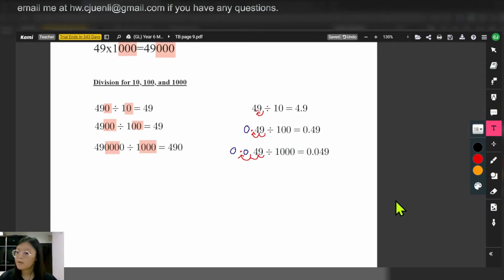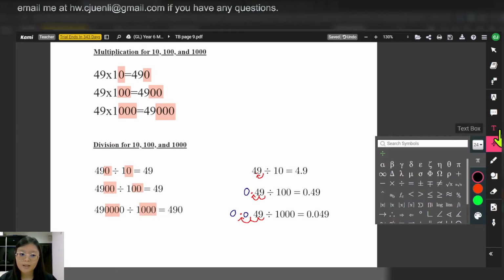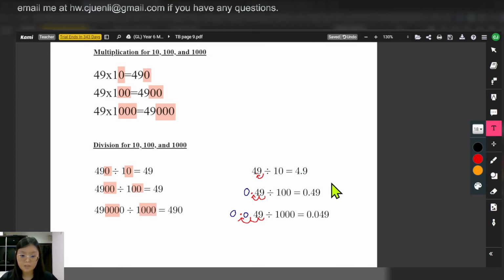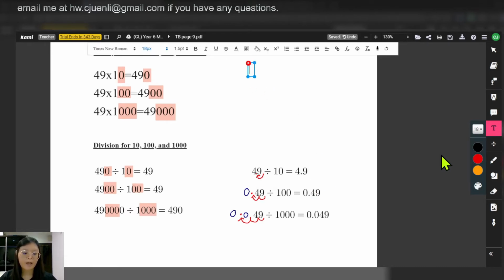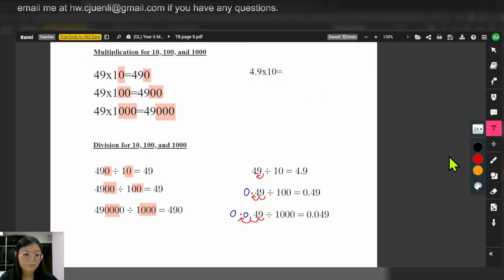All right. If you have doubts about decimals for multiplication, let me show you one example of how you can do it as well. Right? So let us take the decimals from just now. Maybe I have 4.9 times 10. So how do I do this? Is it 490? No. So when there's a decimal, you gotta do it slightly differently.